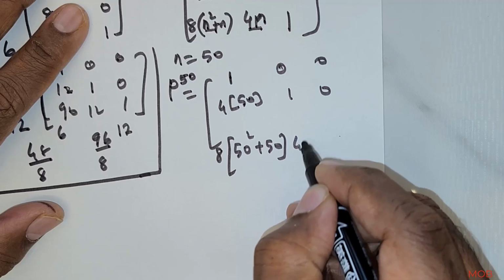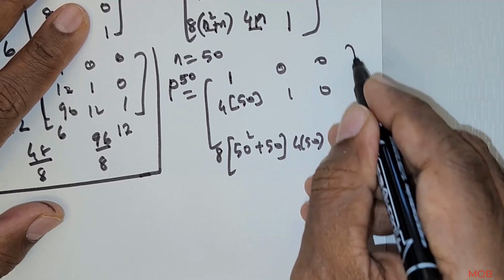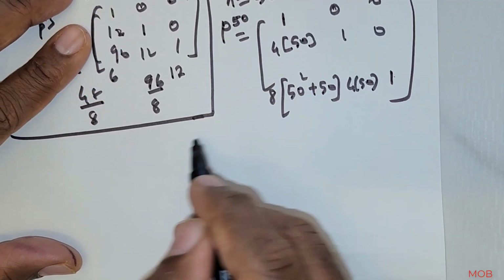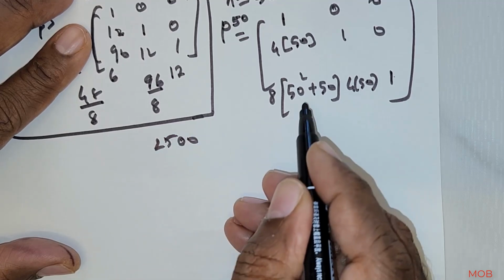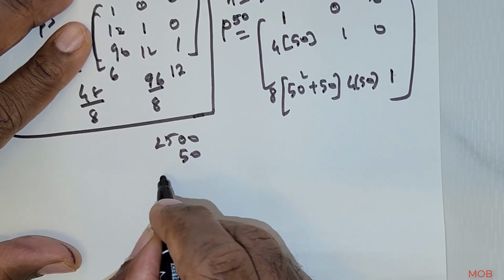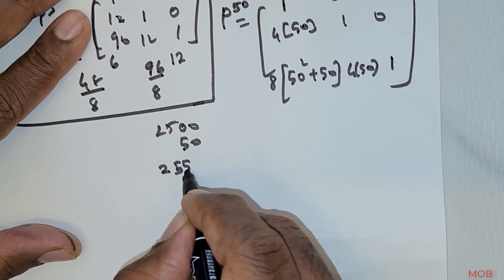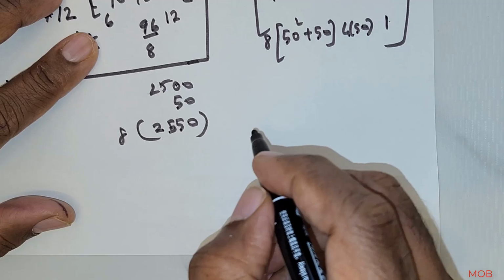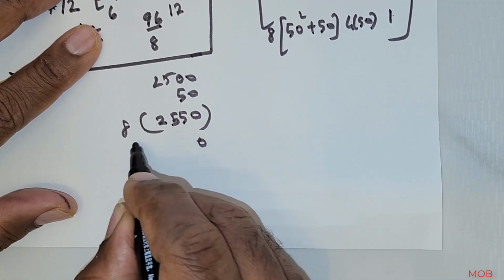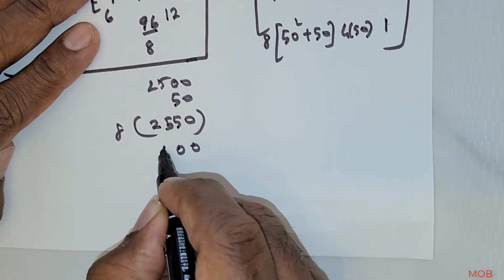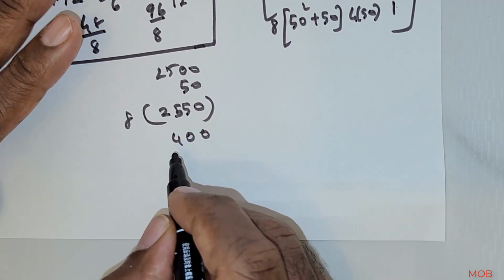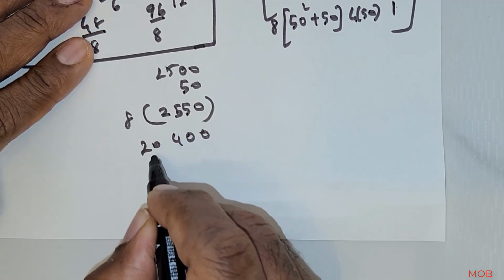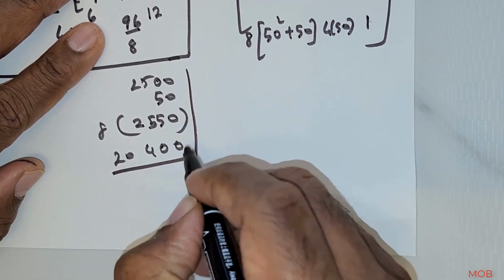This is 4 times 50, and this is 1. So 2500 added with 50 is going to be 2550 multiplied with 8. That is going to be the quantity. And 8 5s are 40, 8 2s are 16, 17, 18, 19, 20. So this is the number we are getting.